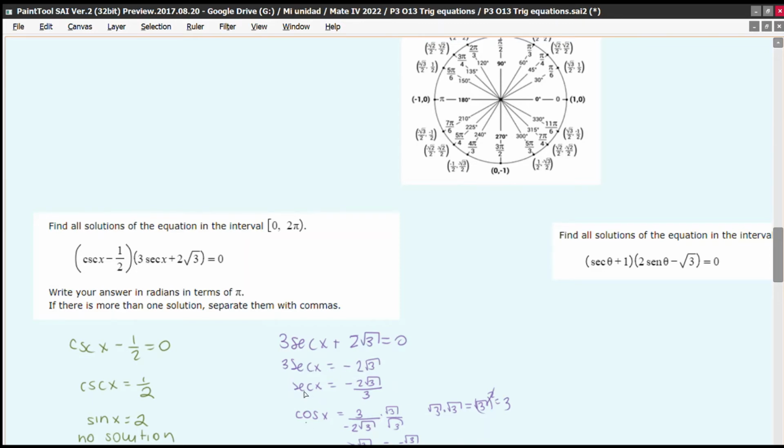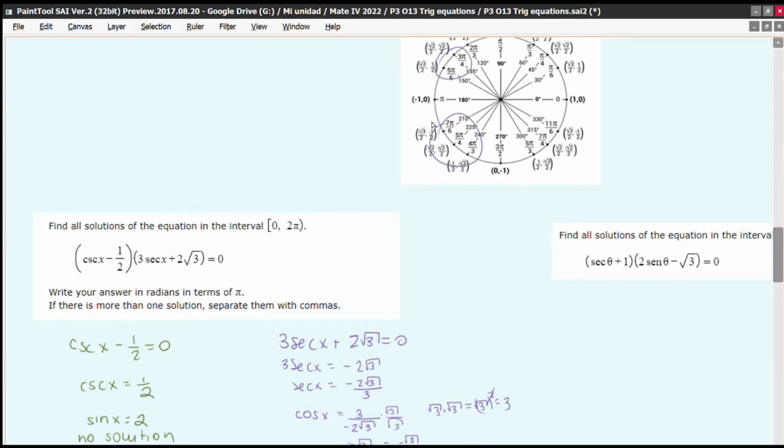If you remember, and if you look at your fingers, there is an angle that gives you the square root of 3 over 2. That would mean that you have 3 fingers to the left. So that means that your angle is pi sixths. So you know that the reference angle pi sixths gives you square root of 3 over 2. But where is cosine negative? Cosine is negative in my second and third quadrants.